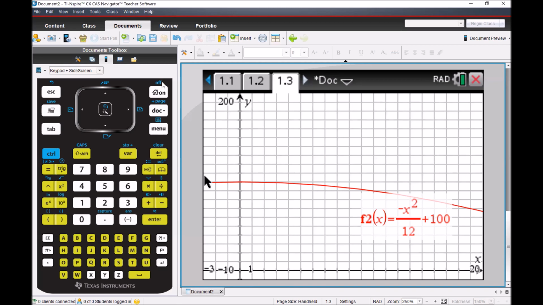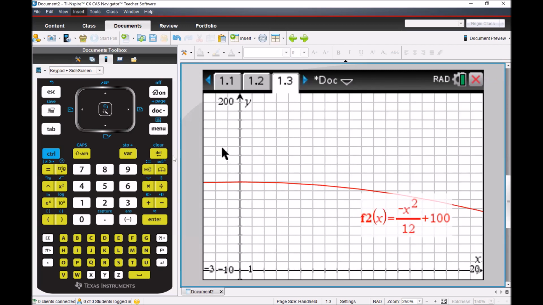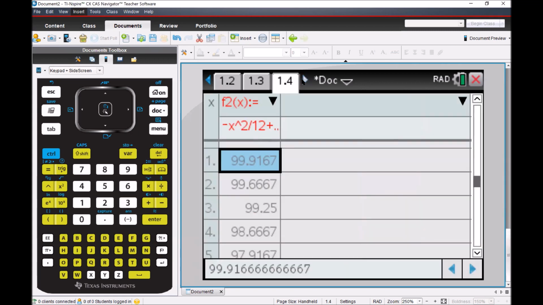So I'll help you out by putting in a table, Control-T. Well, maybe that helps a wee bit, but we can't really see the table so nicely. So I'll do my little magic trick. Control-6 is awesome because that will put the table on its separate page 1.4.